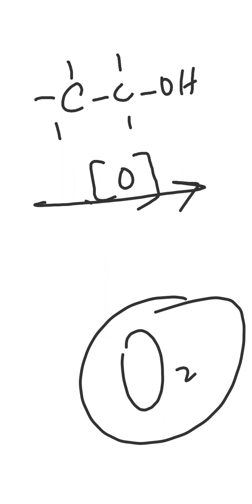Oxidation reaction means you are adding oxygen. What is the definition of oxidation and reduction? If you remember from IGCSE or O levels, oxidation means gaining of oxygen, not gaining of oxygen gas. No one can gain oxygen gas. For example, if there is a compound reacting with oxygen gas, it will burn with the oxygen.